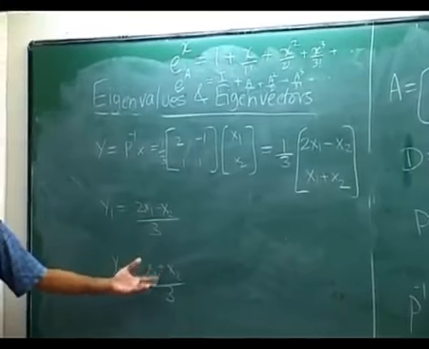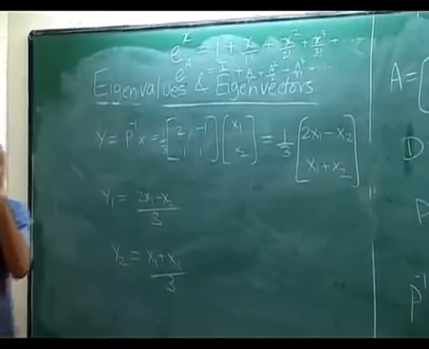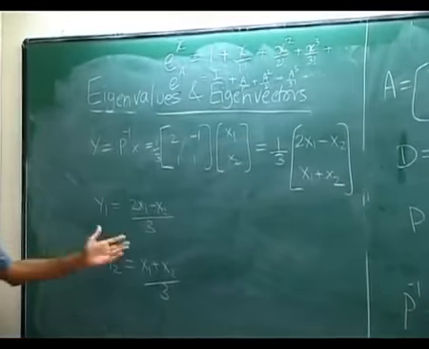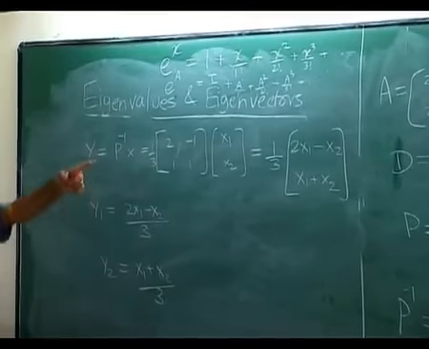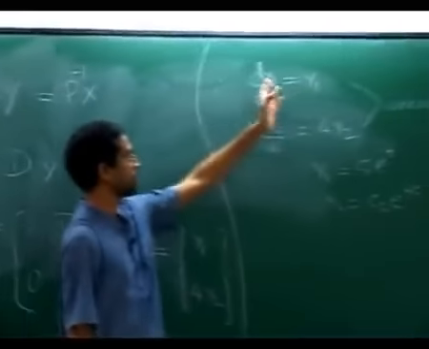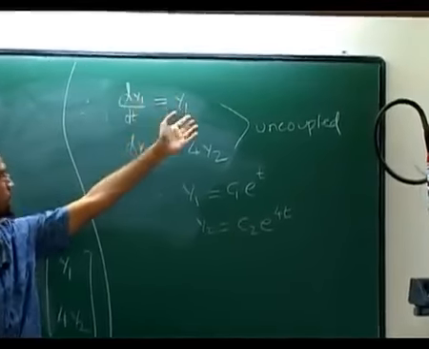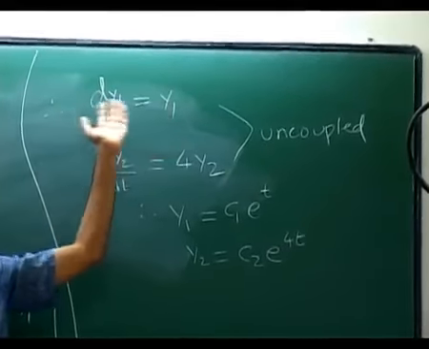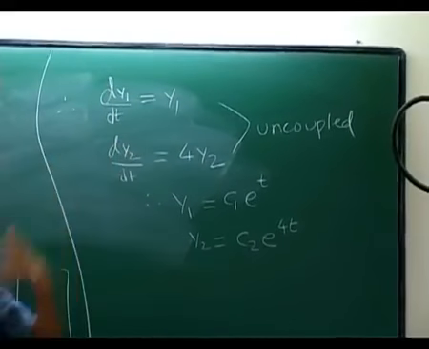That's only a constant. Instead of this, you can always take any constant times this, and the two equations will look the same. If dy1 dt is y1, and instead of y1 I choose 3y1, I will still get the same equation because I multiply both sides by 3. Same for y2. So it's almost the same as what we had, differing only by a constant.